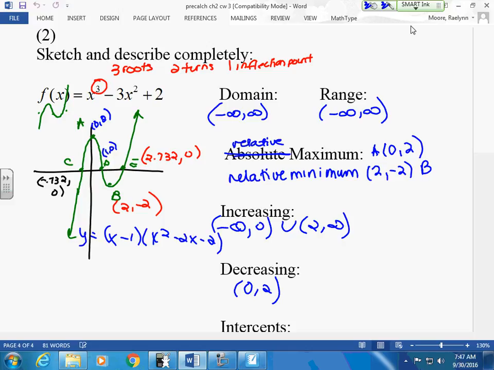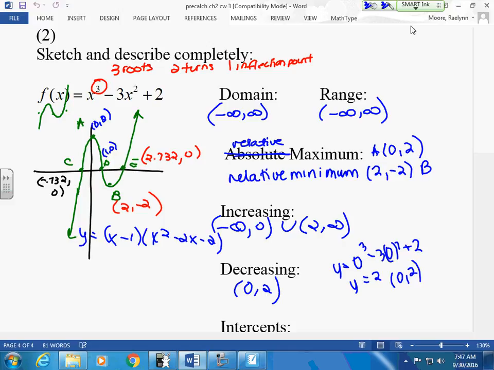A 0 for what? X, right? So if you plug in x of 0, if you cover this up, what's your y-intercept? 0, 2. So all you have to do is show me a little work. You just have to say this: 0 cubed minus 3 times 0 squared plus 2. There's my y of 2.